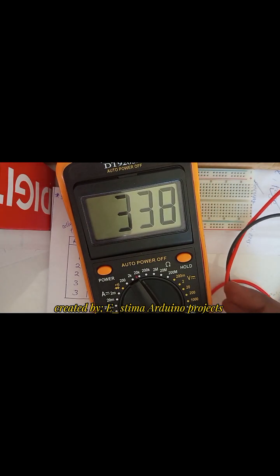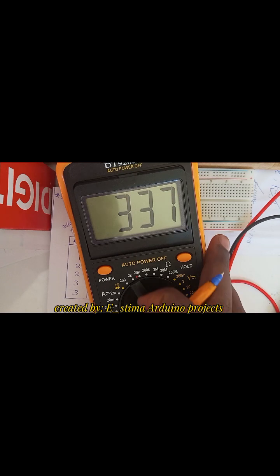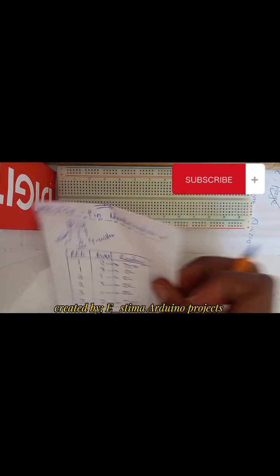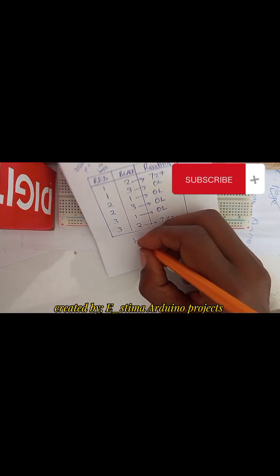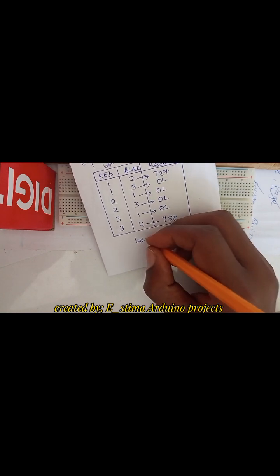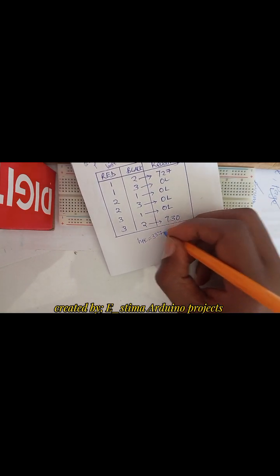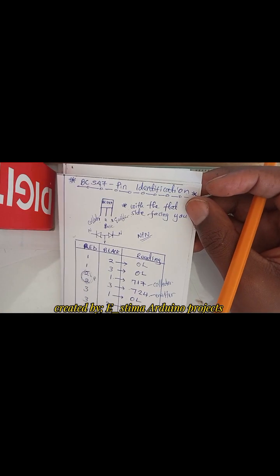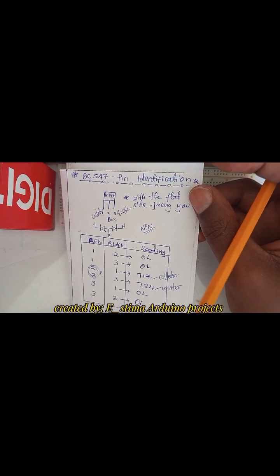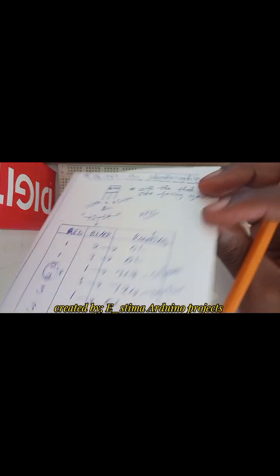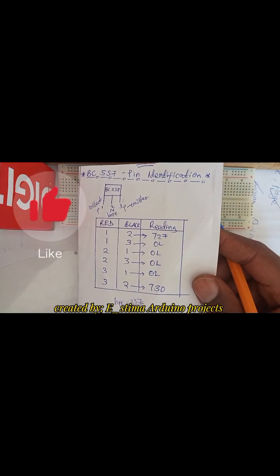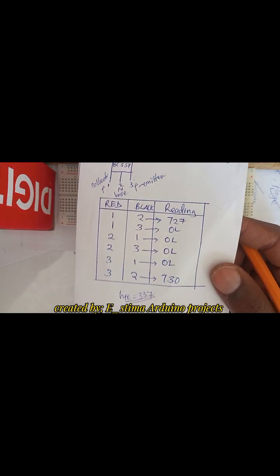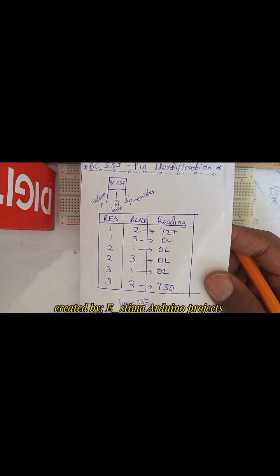And then the reading is 337. So my transistor HFE is 337. So we can conclude that the first transistor, BC547, was an NPN transistor, and BC557 was a PNP transistor.